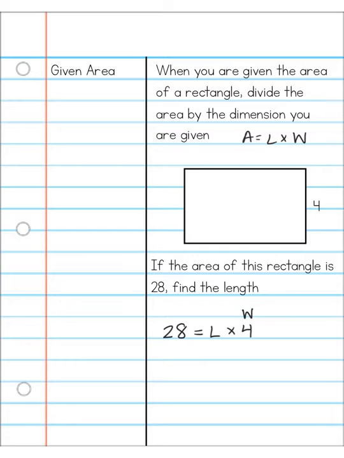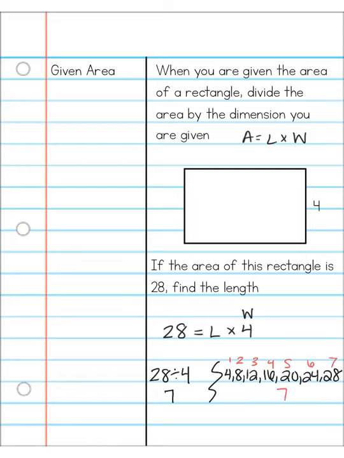There are several different ways I can do this. I can skip count by 4, or I can divide 28 by 4. 28 divided by 4 will give me 7. If I skip count, I would have 4, 8, 12, 16, 20, 24, 28, and I would have skip counted 1, 2, 3, 4, 5, 6, 7 times.